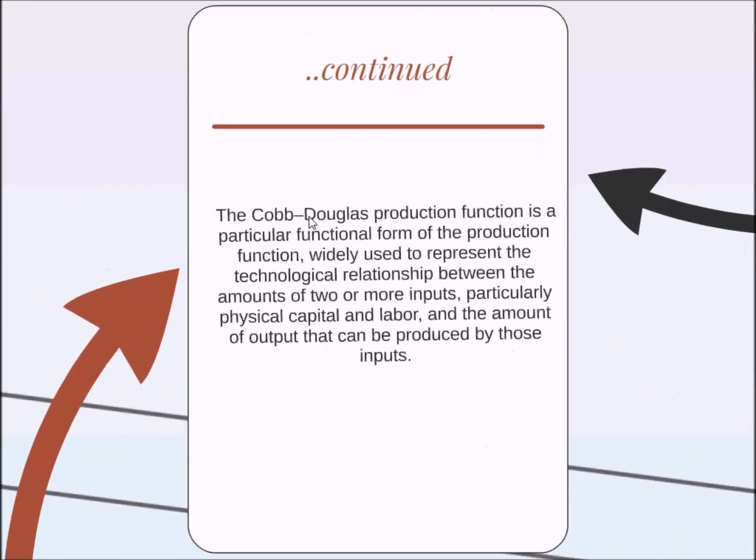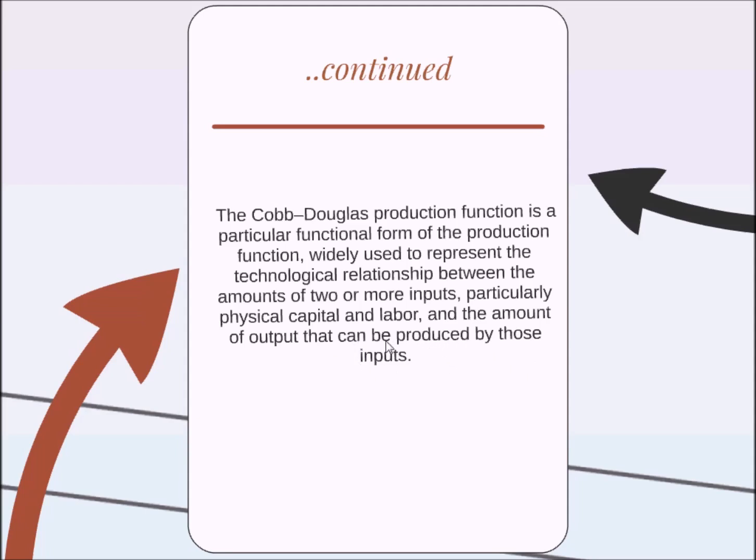It is a particular functional form of the production function, and it is used to represent the technological relationship between the amounts of two or more inputs, particularly capital and labor, and the amount of output that can be produced by those inputs.